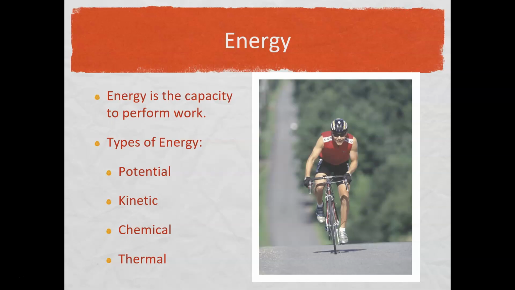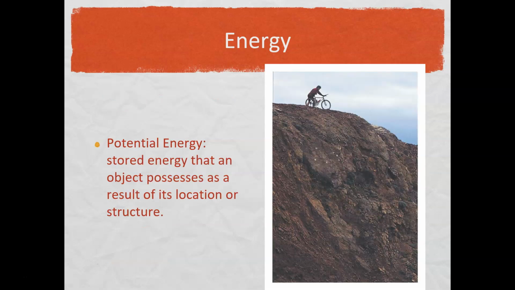And when we classify energy, we classify it really as the first two categories, potential versus kinetic, and then the chemical and thermal energy fit within them. So if I take a look through these different types of energy, what are we talking about? So with potential energy, this is stored energy, and that energy is stored either based on an object's location. So if it's really high, like this guy at the top of a hill, or a person at the top of a staircase is another common example.